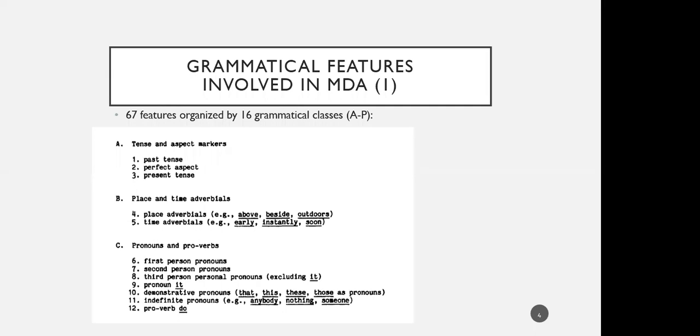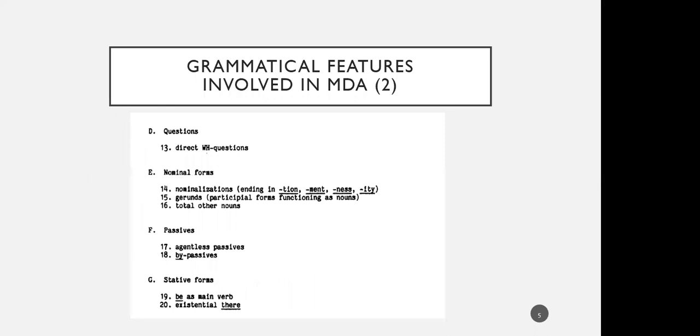Then there is place and time adverbials. Pronouns and proverbs is the third class. So here there are different types of person pronouns, demonstrative and indefinite pronouns, and also the so-called proverb do, which substitutes for a fuller verb, phrase, or clause.